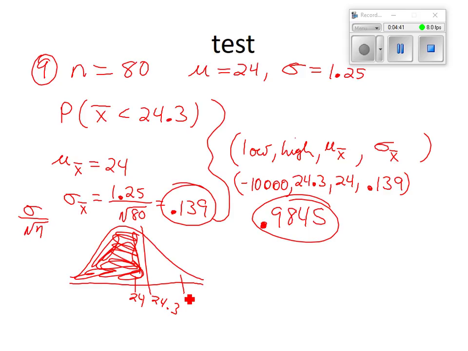And the key idea in this last chapter, chapter 6, is that we're not looking at just the normal curve. We're looking at, if we take a bunch of different samples, how close are we going to get to that mean? That's what we were looking at. So everything was based off of that. We're taking samples and finding their means, and saying, if we take a sample of 80, how likely is it that we're going to get close to 24?